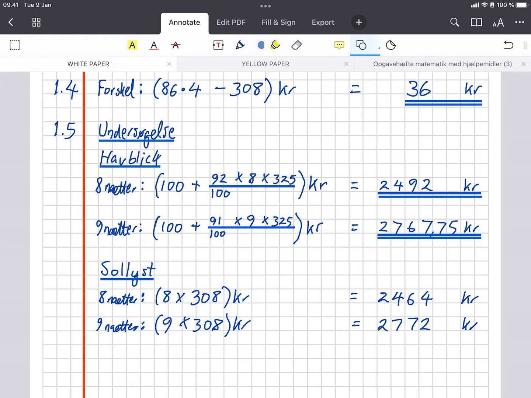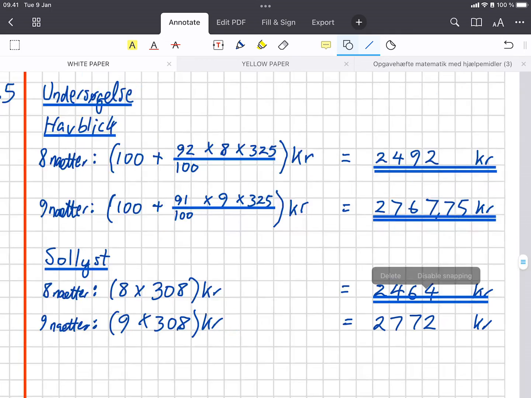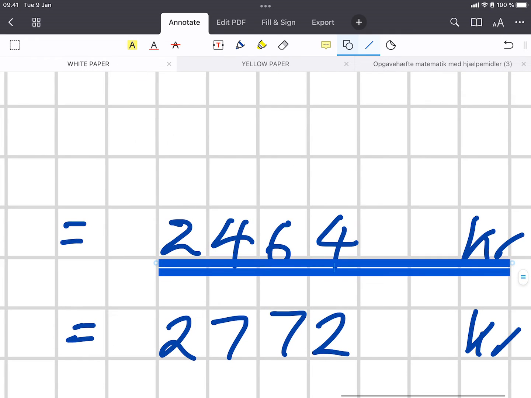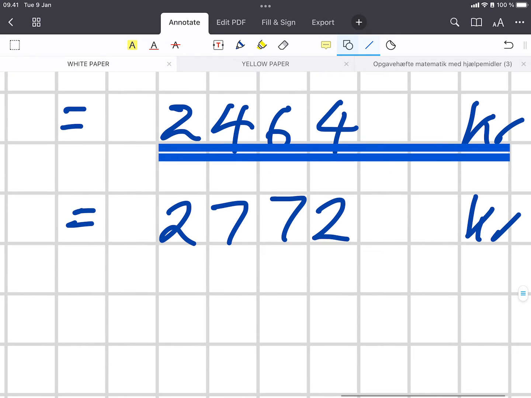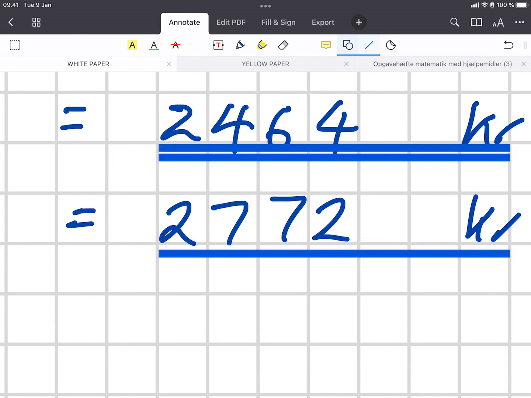So I'll just underline those. And paste another one to do a double underline, and there as well.